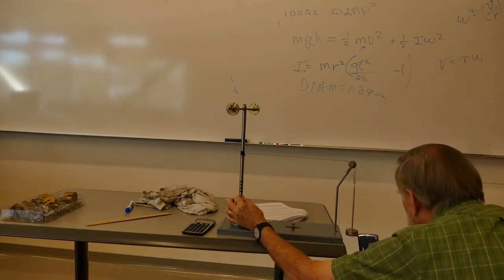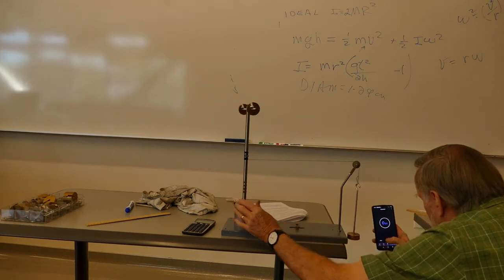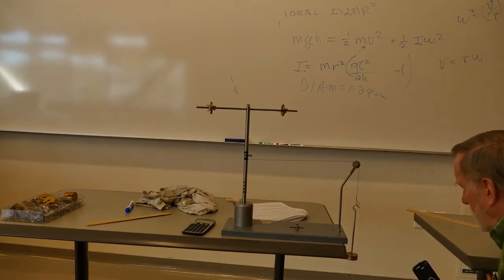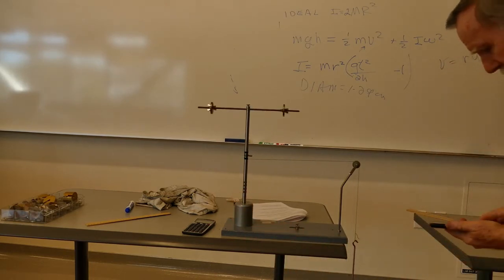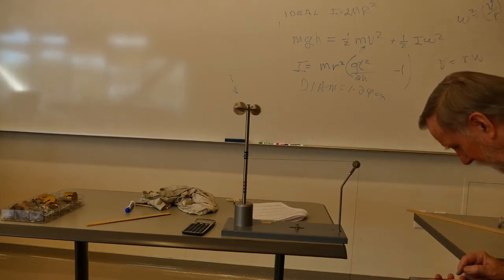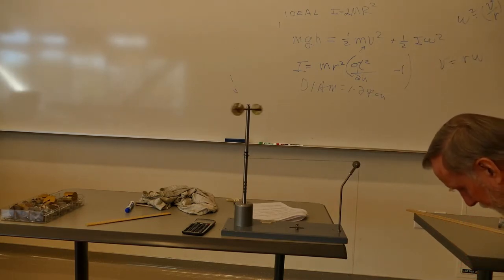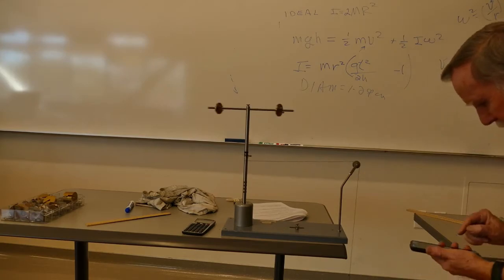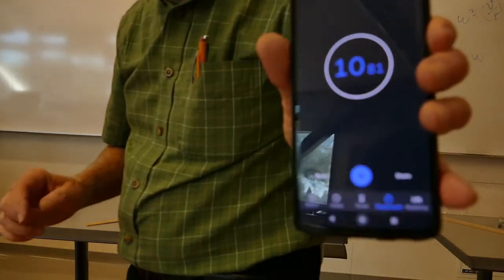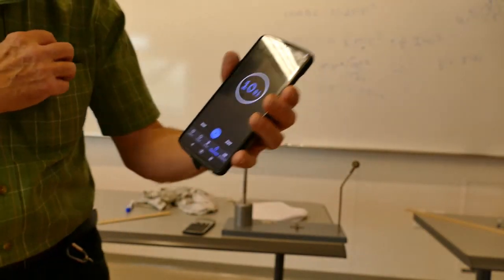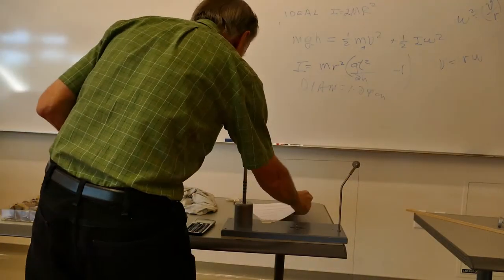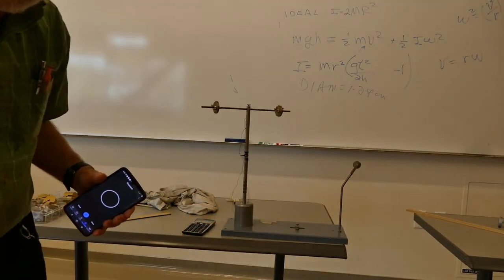And start. I'm going to be really careful this time to touch it just as it hits the ground, which you can't see. Boom. Okay. I'm getting 10.81 seconds. So we're going to record that.